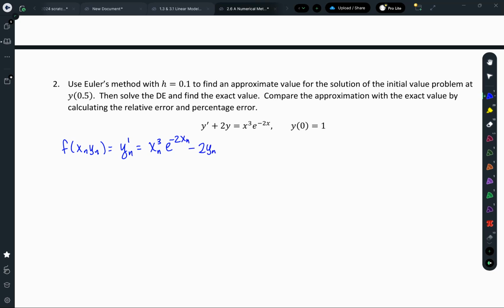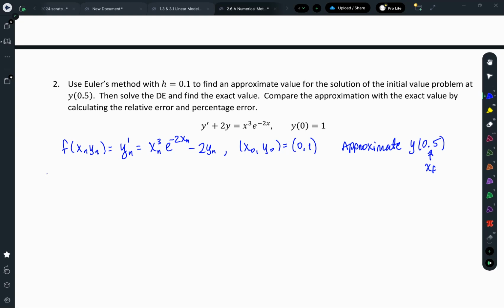Okay? And then the information we're given is that x naught, y naught is equal to 0, 1. And we want to approximate y of 0.5. Okay? This 0.5, that's our x final.